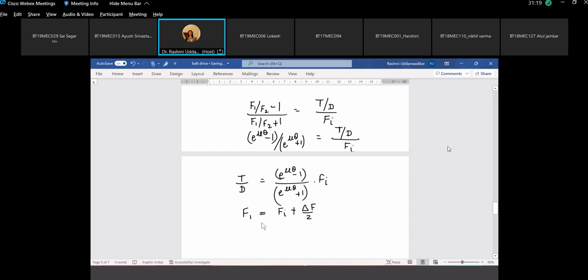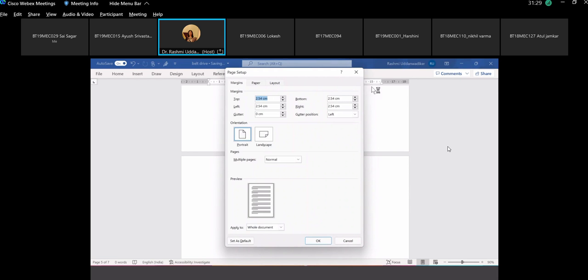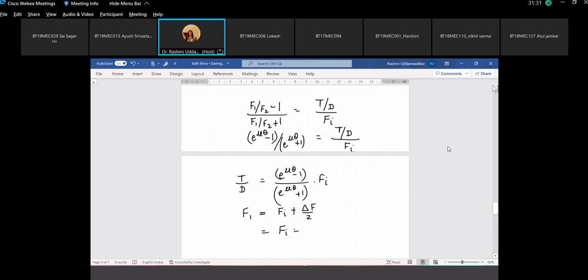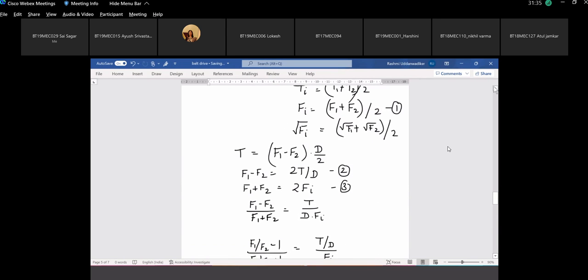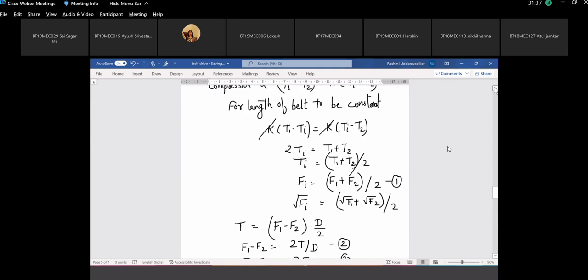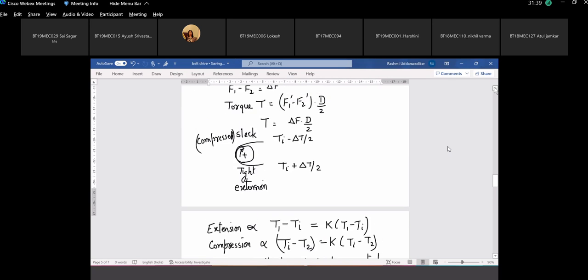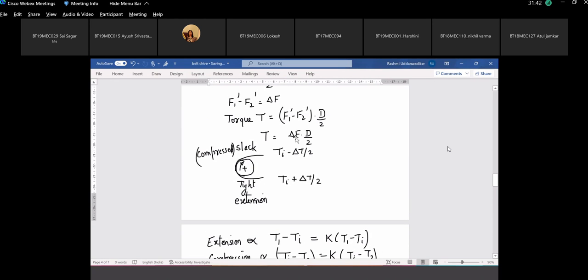And this del F we have seen above is also equal to T by D. Here we have seen that this difference in the belt tension is also equal to T by D.